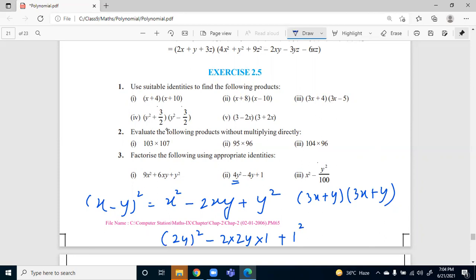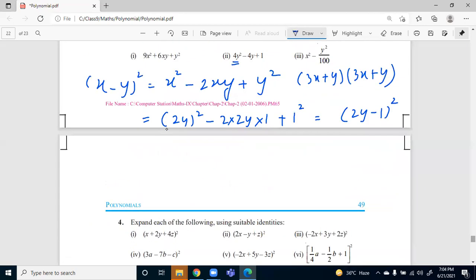So now if I do the factorization of this term, it is (2y minus 1) whole square, or you can write (2y minus 1) two times.